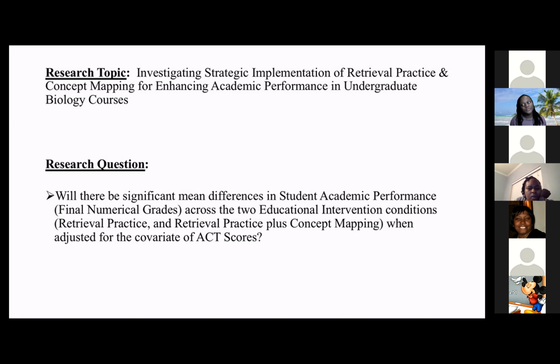I just had a quick question. What do you mean when you say strategic implementation? Well, the strategy essentially is concurrent retrieval practice and concept mapping. That's one way of strategically studying these two. Retrieval practice alone has been proven to improve academic performance, and concept mapping has also been proven to improve academic performance. So if you were to have concurrent retrieval practice and concept mapping, that's one strategy.